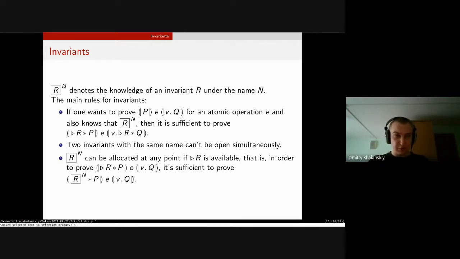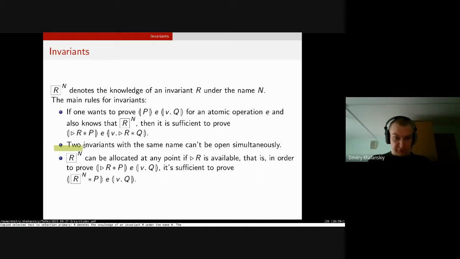And if we could open the same invariant twice, then we would be able to derive falsehood from the fact that we would now obtain two copies of a points-to connective.